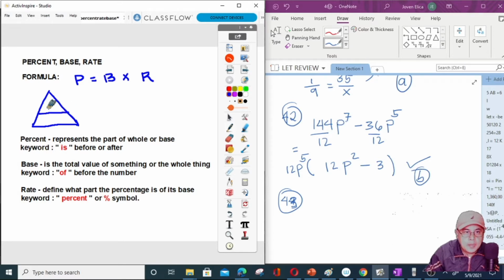This portion represents division, and we can further divide this into 2. And this represents multiplication. And the letter at the upper triangle is P, and this is base, and this is rate.